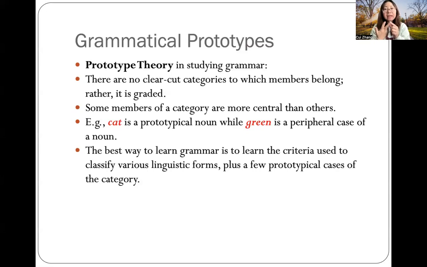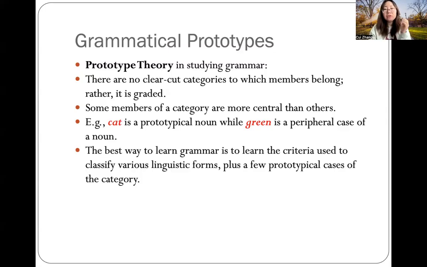And cat can occur after an adjective, okay? And for the adjective to describe it, cat can serve as the subject of a sentence. Cat can serve as the object of a verb. And it also has other features of typical nouns so that it's more central compared to others.